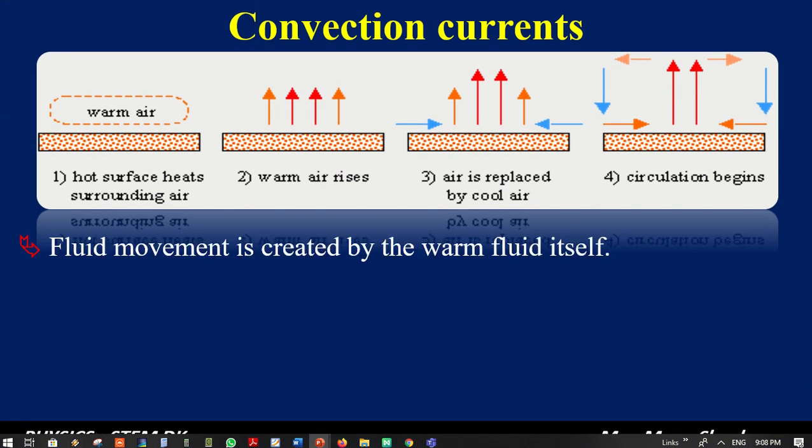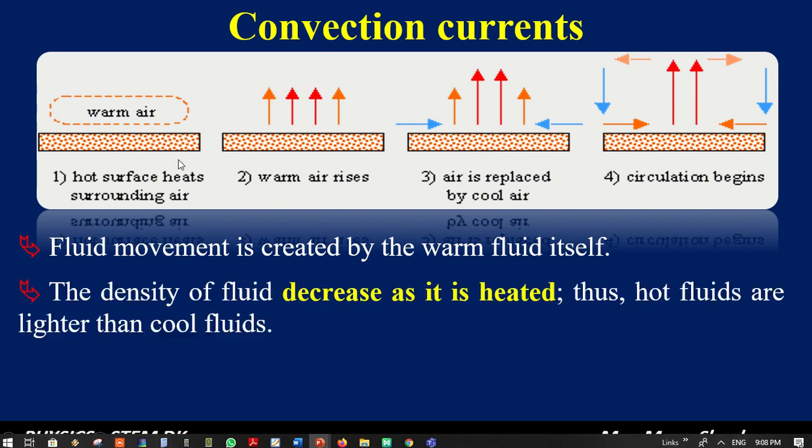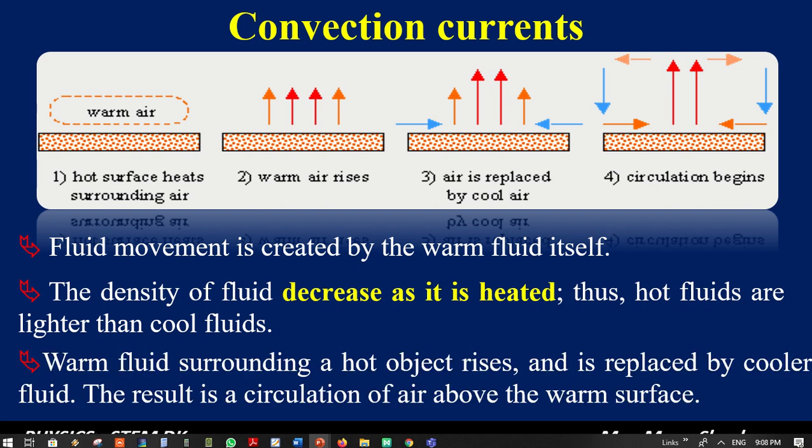According to the fluid movement that is created by the warm fluid, its temperature is higher, so it will become less dense and rise up, and be replaced by the cold fluids, which have a higher density than the warmer air, and go down, and a current circulation will begin.